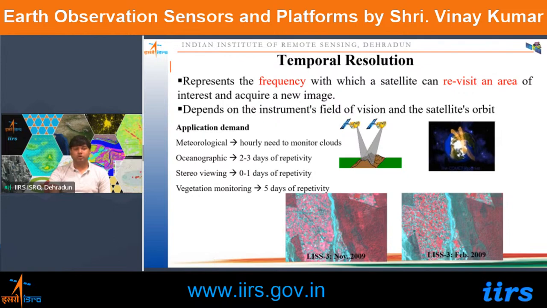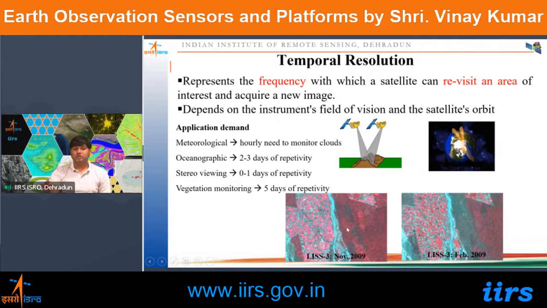Now coming to the temporal resolution. Temporal resolution represents the frequency with which a satellite can revisit an area and acquire a new image. As I told, that depends on two things: how the satellite is revisiting the area, meaning making the same orbital coverage, and second, by tilting the sensor and revisiting the same area. So you can see here there are two images acquired during the November month and the February month.